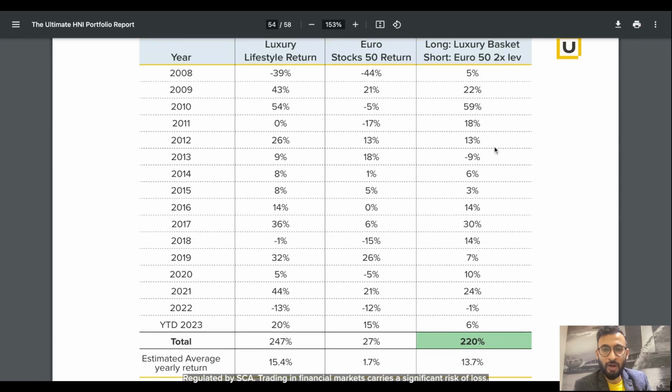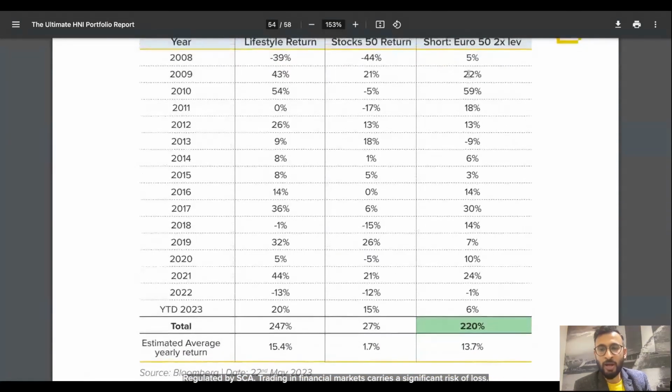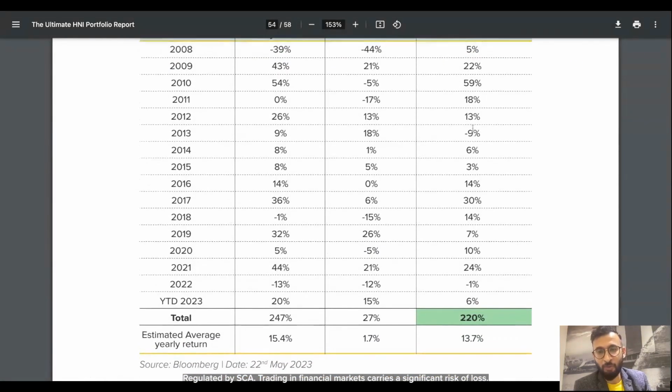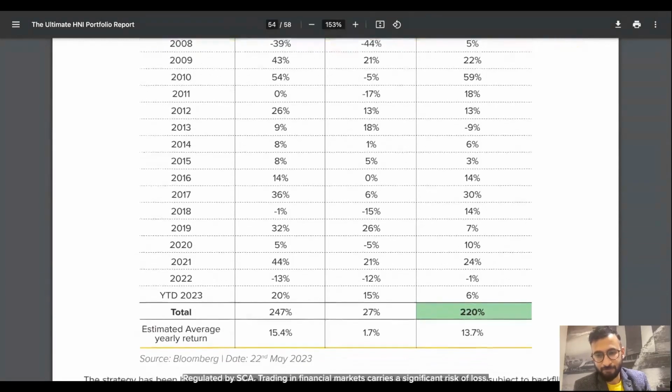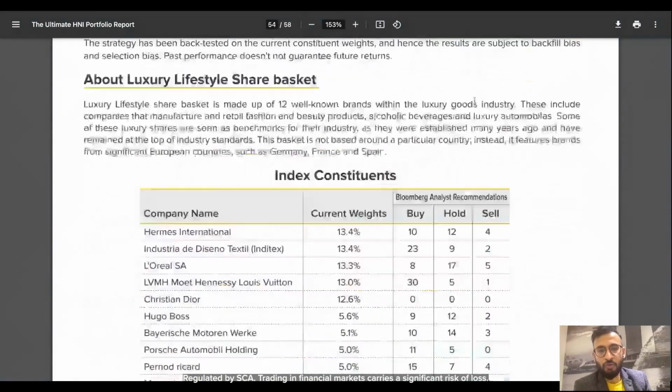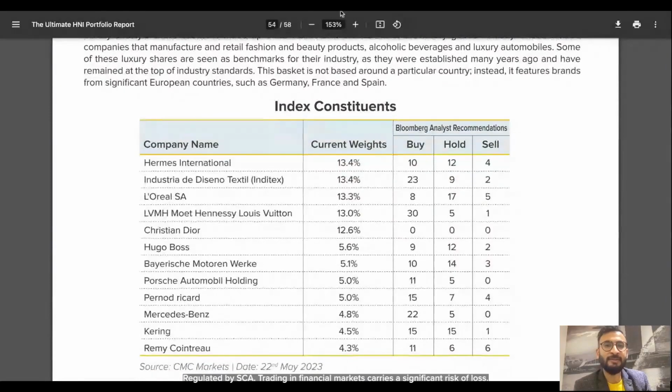Like this, if you have a look at it, every time there is a negative return in either of the indices, if you had done this strategy, you would end up making positive returns most of the time, barring two times, right? So the idea is, during this entire strategy, while you are buying and short selling, you will not be caring about what happens to the European market, because you are on the buy side of one and the short sell of another.